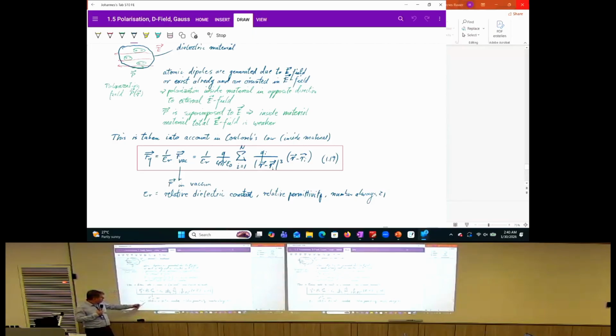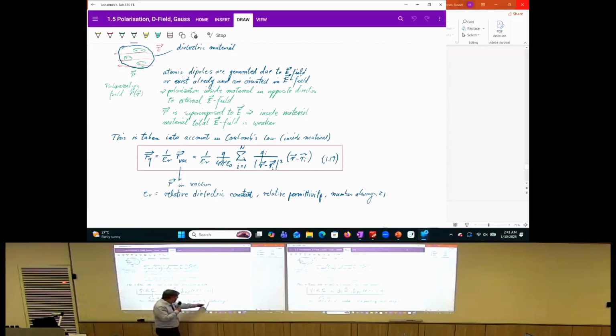So epsilon r denotes the relative dielectric constant or permittivity. So the epsilon r is the relative dielectric constant. You can also call it the relative permittivity. That's the same thing.